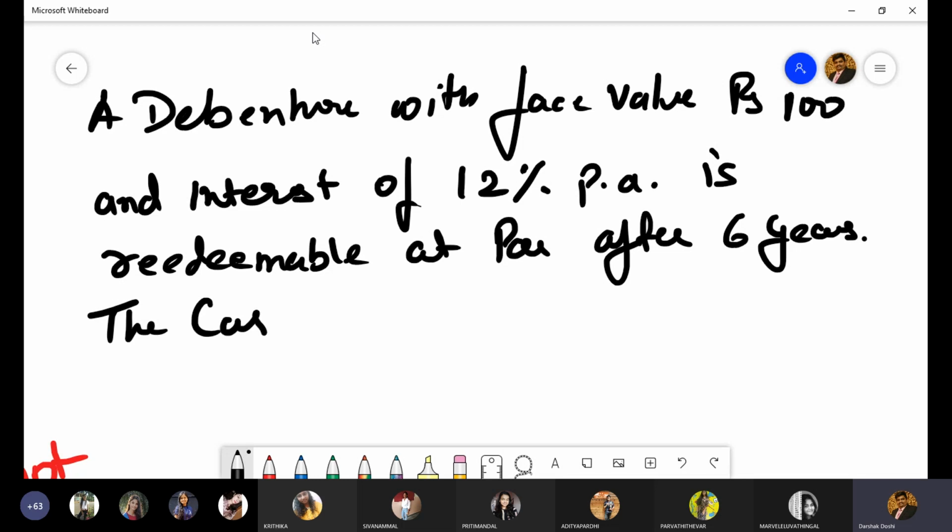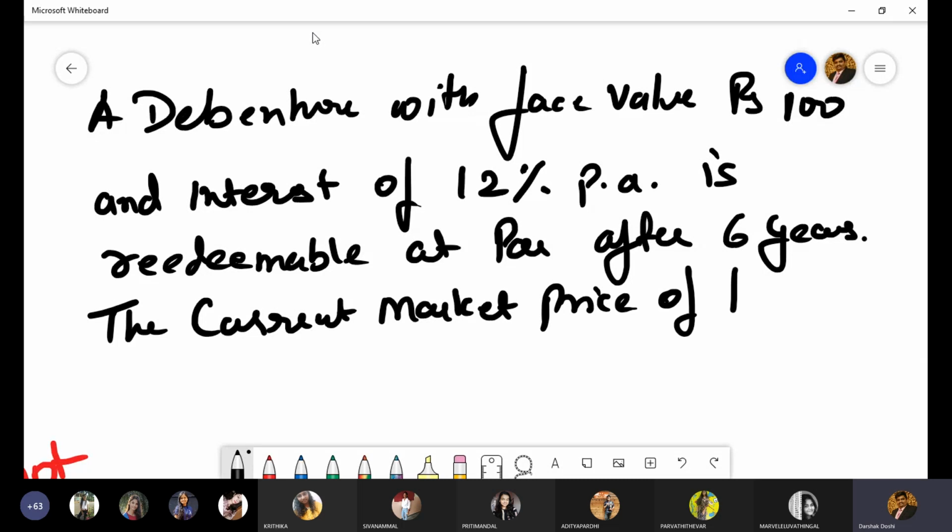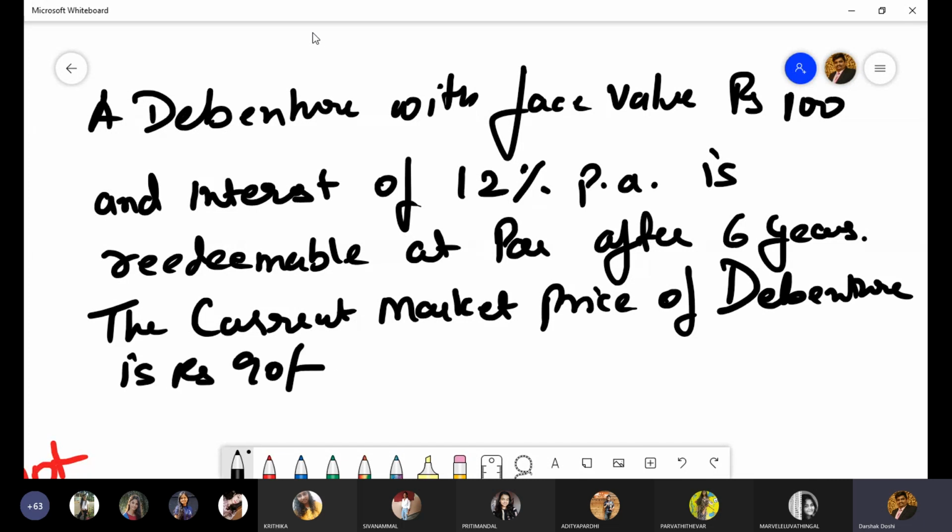The current market price of the debenture is rupees 90.